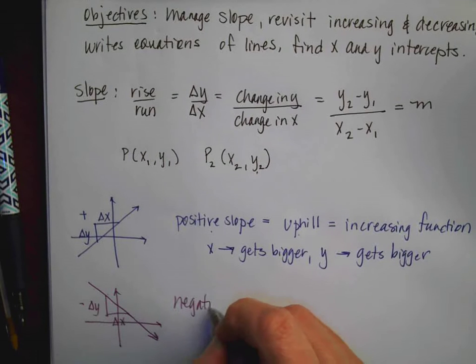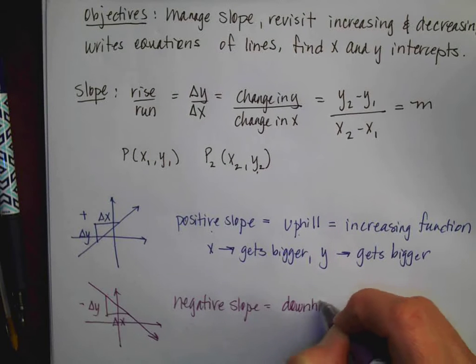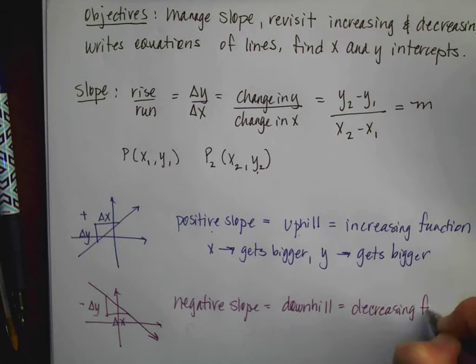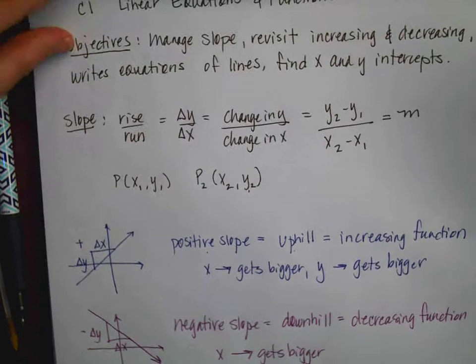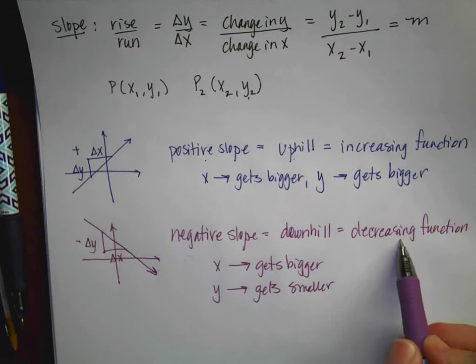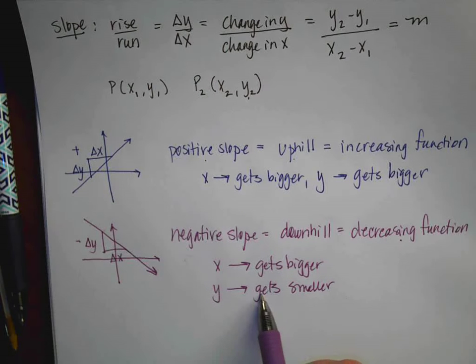This is a negative slope, which in slang kind of means downhill, and it is a decreasing function, and that means as x gets bigger, y gets smaller. Okay, alrighty. So for our functions, if it has a negative slope, it is downhill, it is also decreasing. And decreasing means that as the x values get bigger, the y values get smaller.